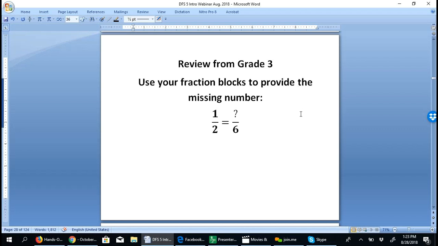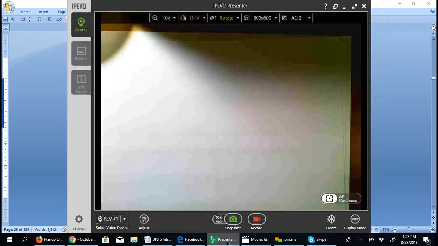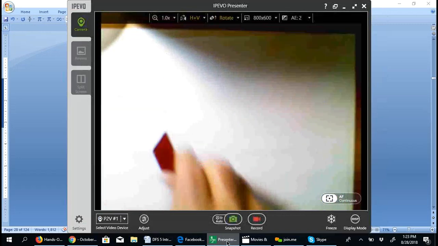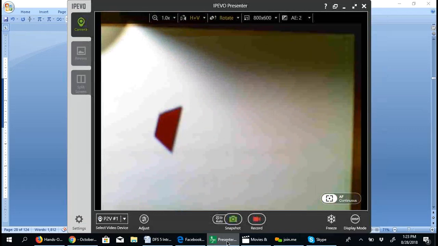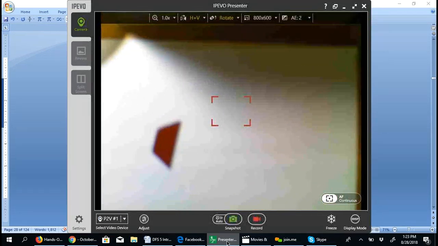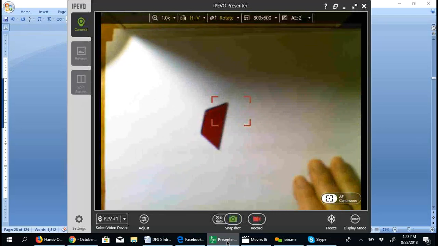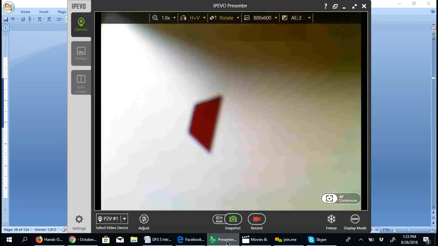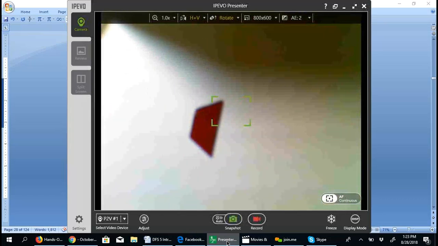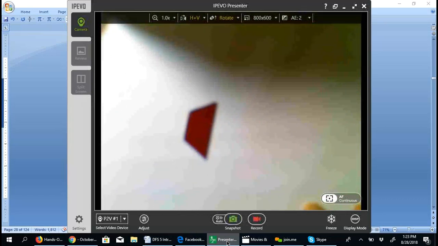We want to know 1/2 is equal to how many 6ths? So remember, the red block is 1/2. Let's see if we get this focused. The red block is 1/2.